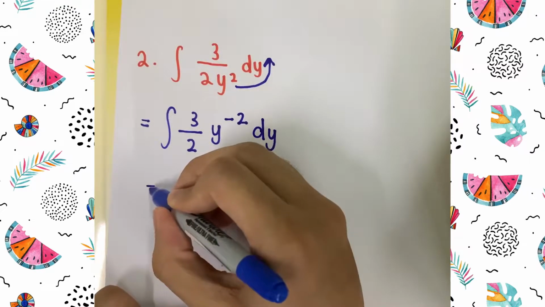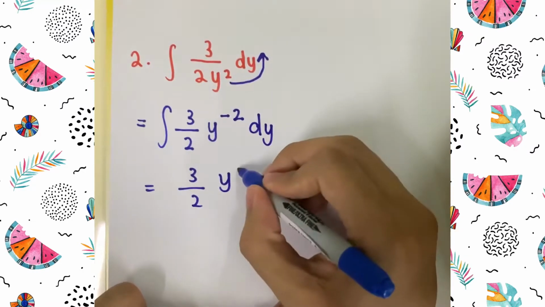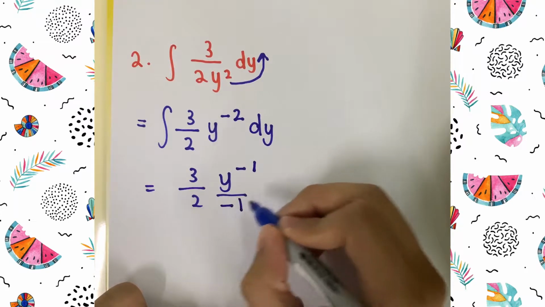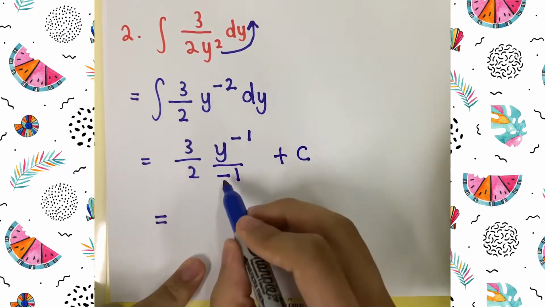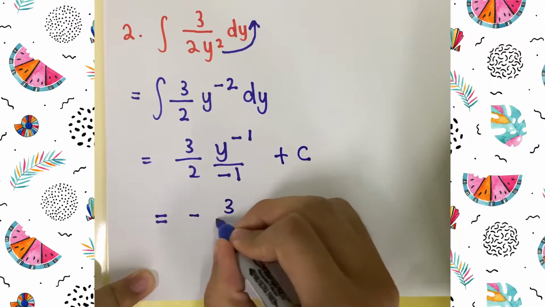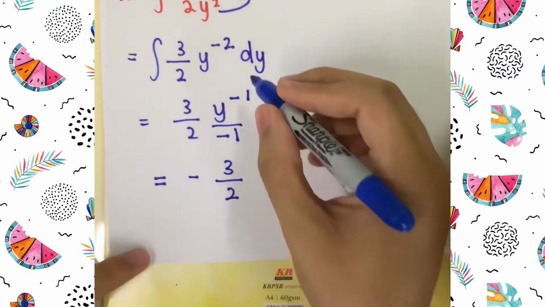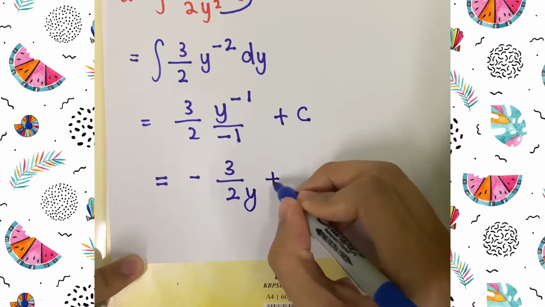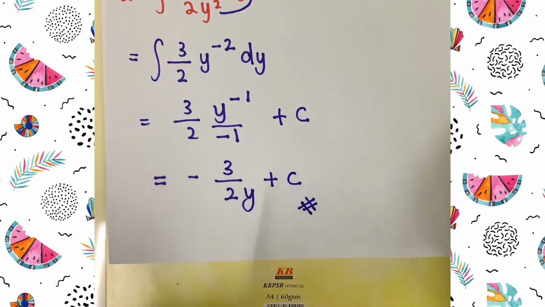And now it is going to be 3 over 2 times y to the power of negative 2 plus 1, which is negative 1, over negative 1, plus c. So I now know that this is going to be negative everything, so negative 3 over 2. So y to the power of negative 1, I'm going to move to the denominator again to make it look so neat and beautiful. So that is your final answer.